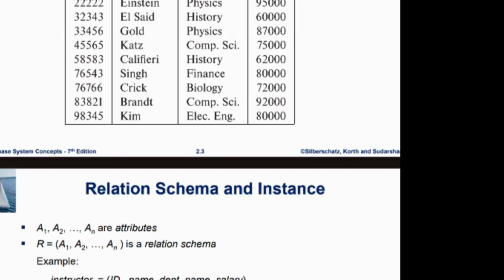Course ID is connected with one more relation, one more table, that is section. Please observe here. In the section also we have various attributes. Now course ID is connected with course ID. Section ID is connected with section ID. Semester, year. So in one table, that is a primary key. In another table, it will become a foreign key. Am I correct? Yes.